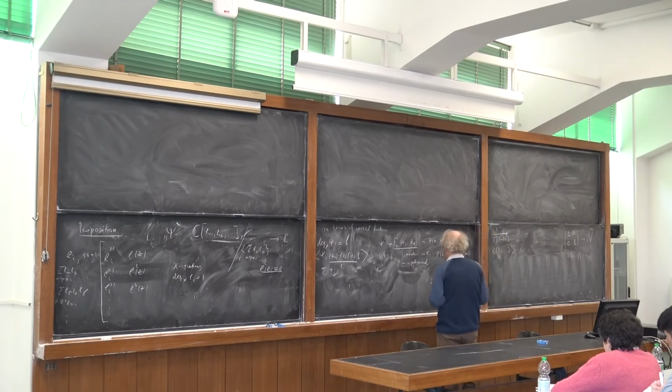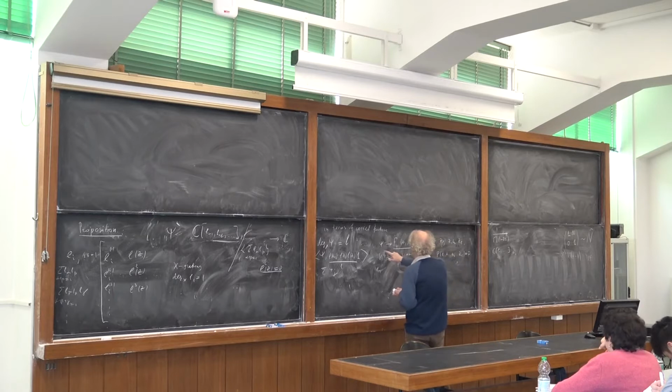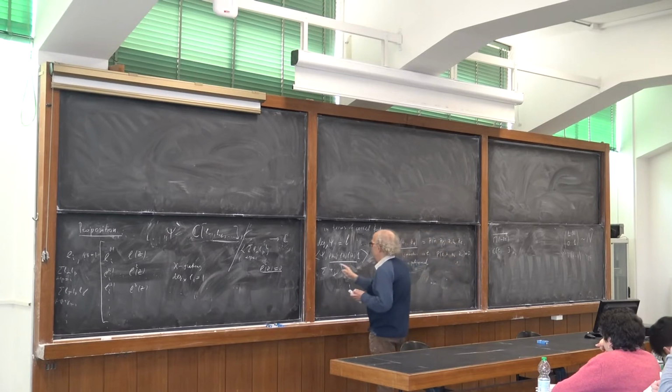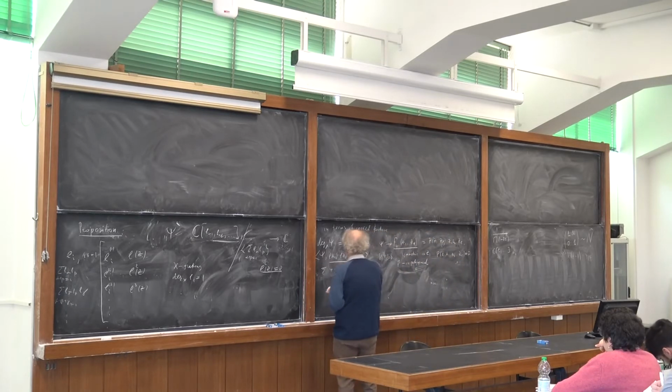The simple statement is that any polynomial with such a property we can get as a matrix element of this kind.